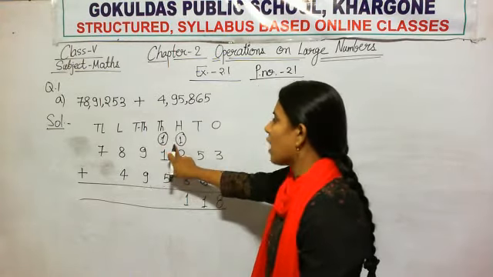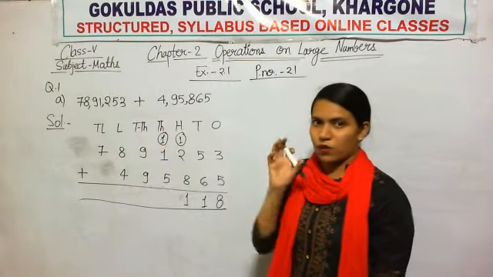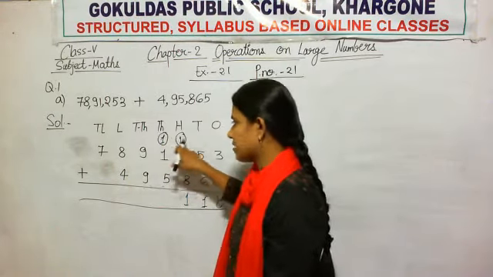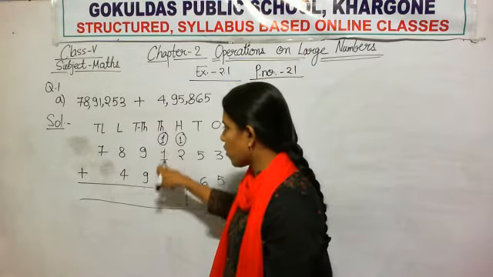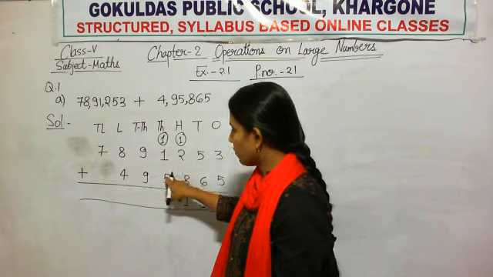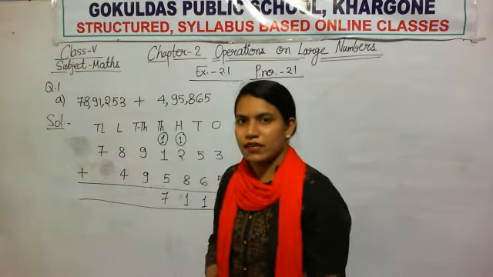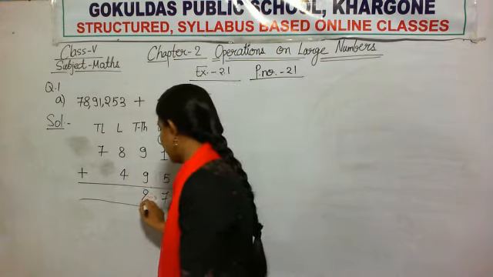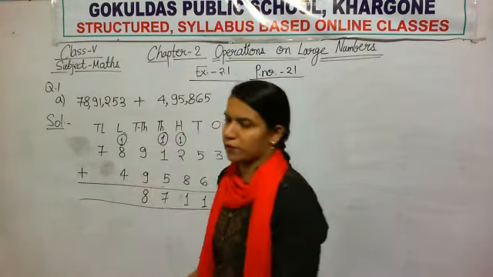Remember, you have to write the carries or borrows in a circle, as I am writing. Now add the digits in the thousands column. 1 plus 1 is 2, 2 plus 5 is 7, 9 plus 9 is 18. So 8 here, and 1 is regrouped with the next column.